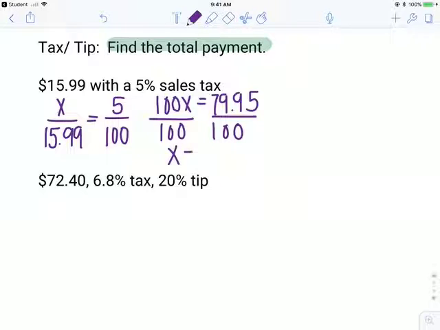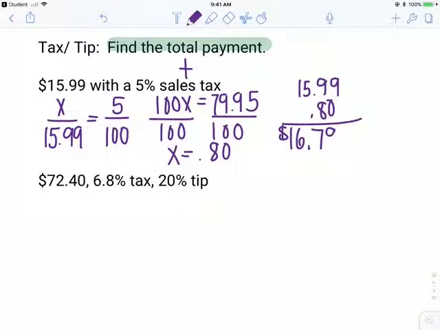And I know that my sales tax is going to be 80 cents because you should have gotten 0.7995 and you should have rounded it up. After you do that, you add sales tax on. This is a plus. So I'm going to do $15.99 and add that 80 cents sales tax to it, because cash registers round up for us. We just don't see it. And my total bill is going to be $16.79.